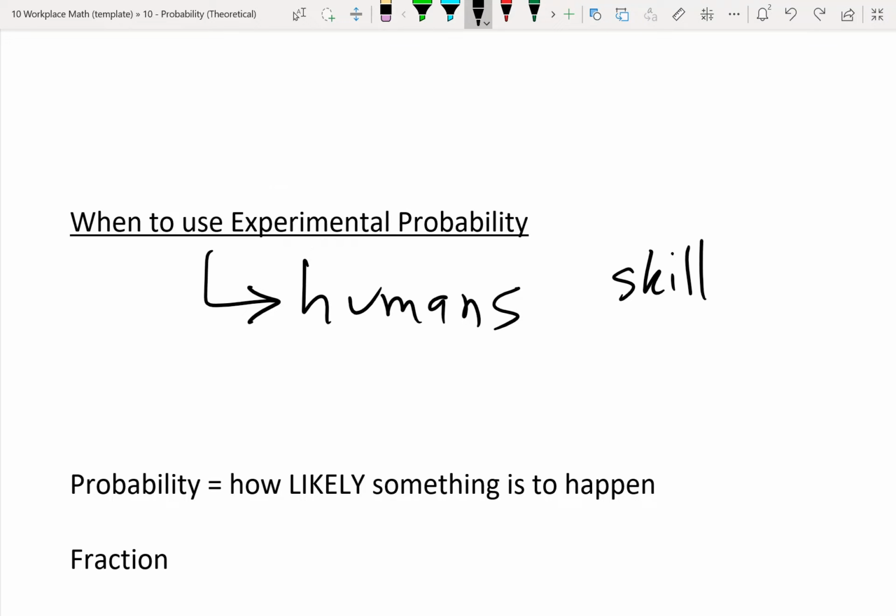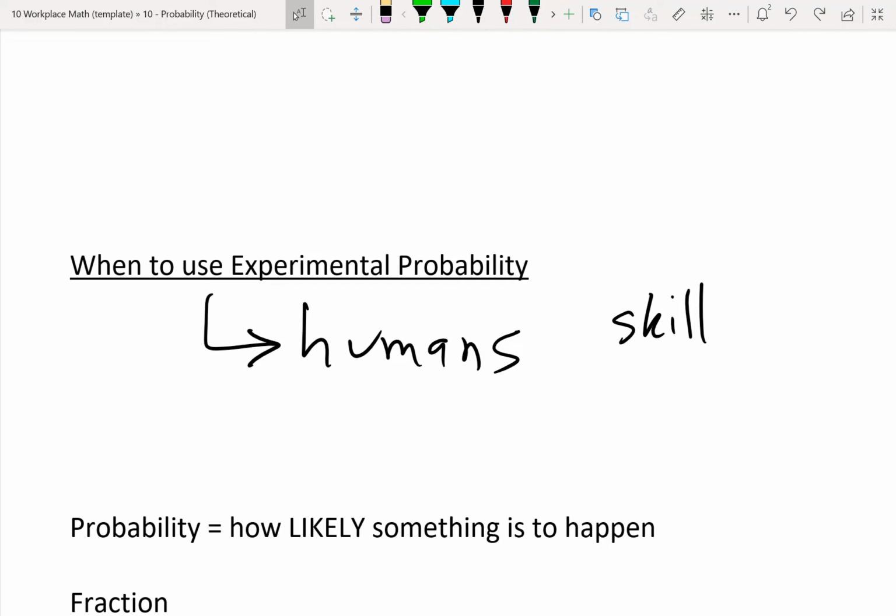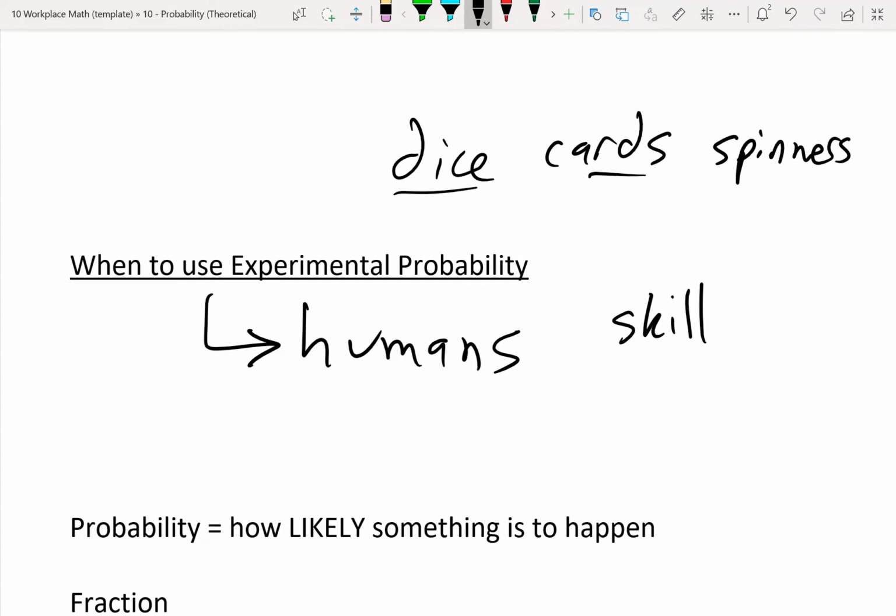If it's something not with humans that is very simple to understand, like dice, cards, spinners, all this stuff where it's kind of fair and you can understand what's happening, you can use theoretical probability.